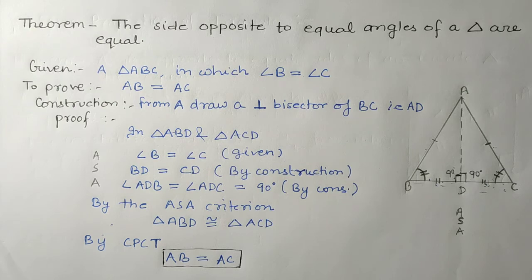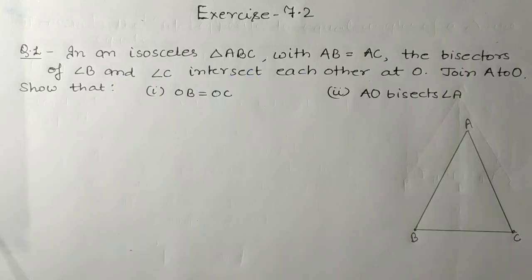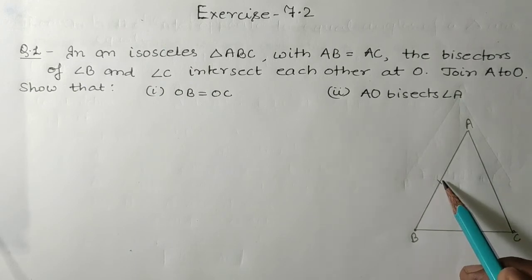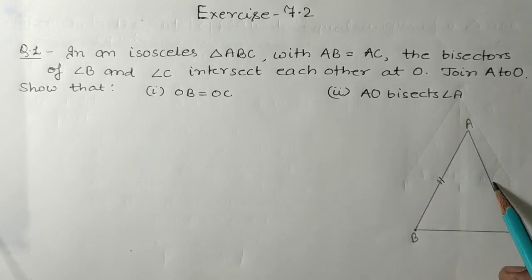Now students, we are going to solve exercise 7.2. So the first question of exercise 7.2 is, in an isosceles triangle ABC with AB equal to AC. See, this is an isosceles triangle, and in this triangle it is given that the side AB is equal to AC.